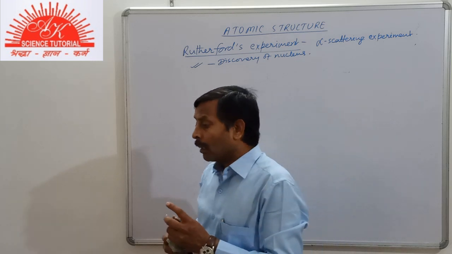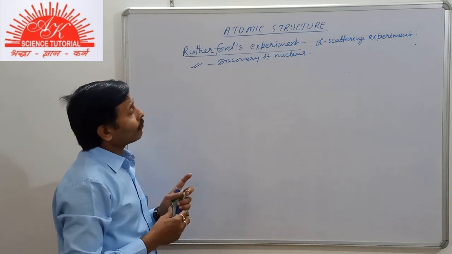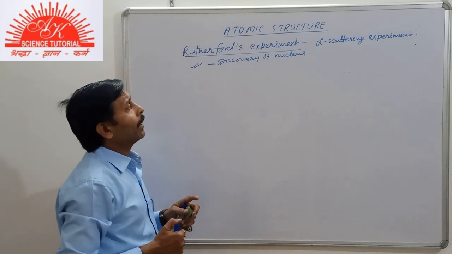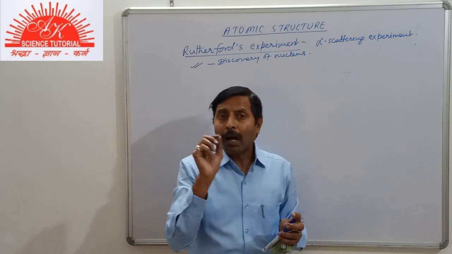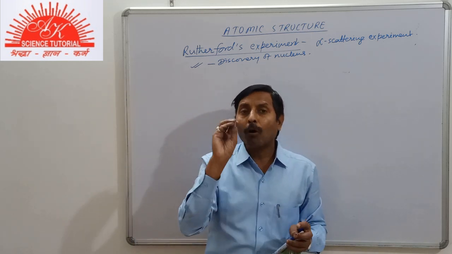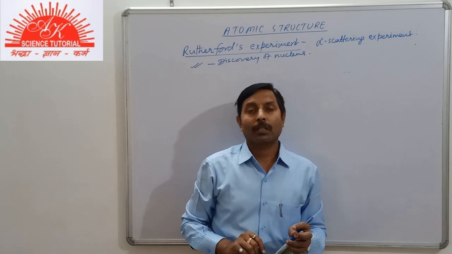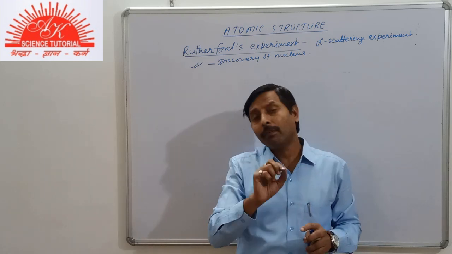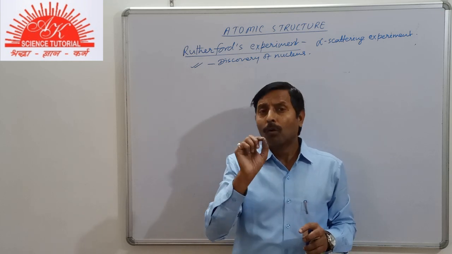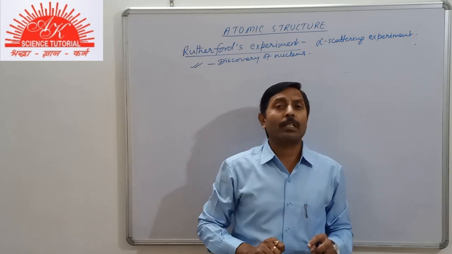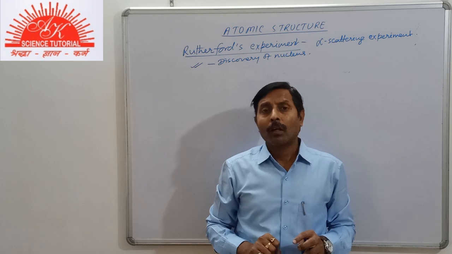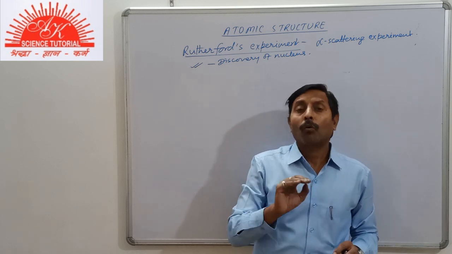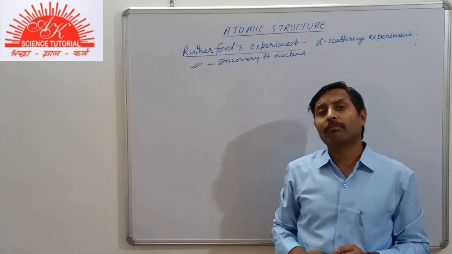Now how was the experiment performed? For this experiment, he bombarded a beam of alpha particles over a very thin gold foil, about 1/1,000,000th of 1 centimeter. The question arises, why was gold selected by him?